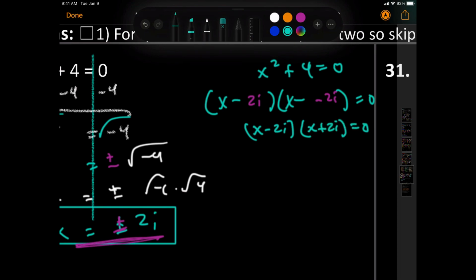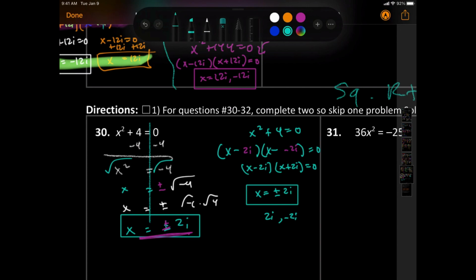And then you just do the same thing we just did. Separate it, set it equal to 0, and solve. Remember, that just means two solutions, right? It just means 2i, negative 2i. Okay, so that's using the square root method. The blue side is what you need to show that you're using, quote unquote, the factored form.